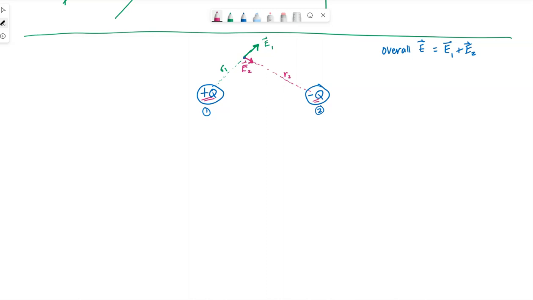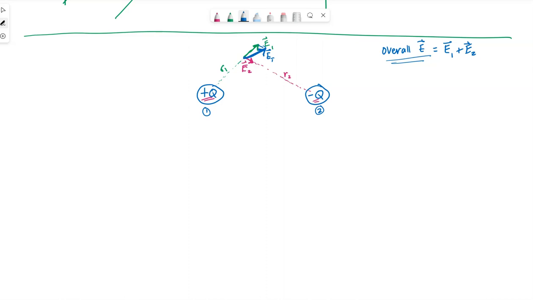At this specific point in space, both charge 1 and 2 are creating their own electric fields. So the overall electric field at that point in space would be the addition of those two vectors. So vector addition, the total electric field right here, E total or overall, would have a rightward component and an upward component.